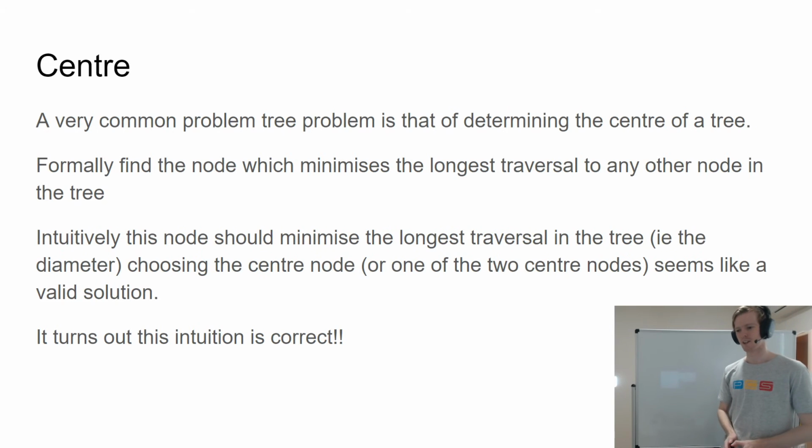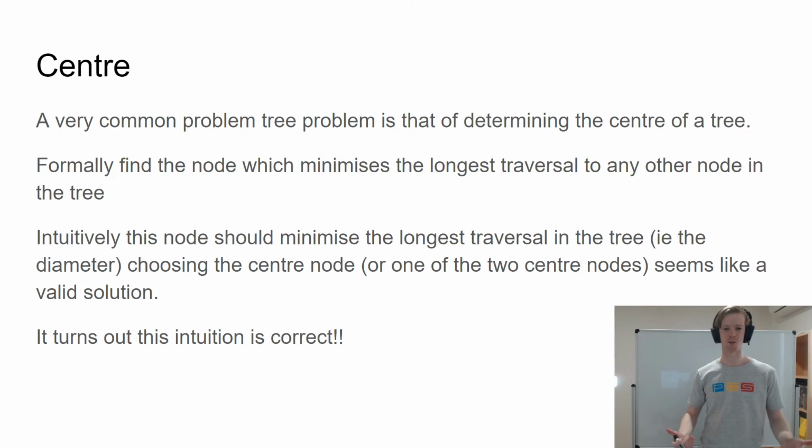So keeping that in mind, intuitively, a way of thinking about this is to look at minimizing the longest path. Because if we minimize the longest path, then it would make sense that we've minimized every path in the tree, or every traversal in the tree.